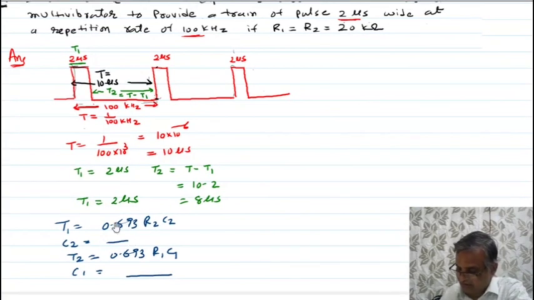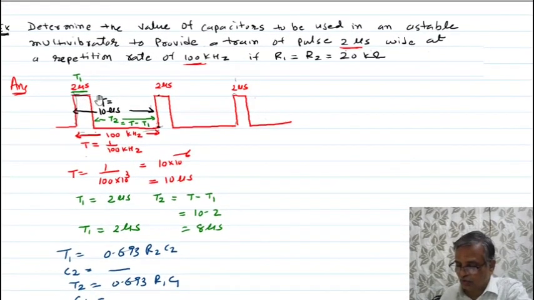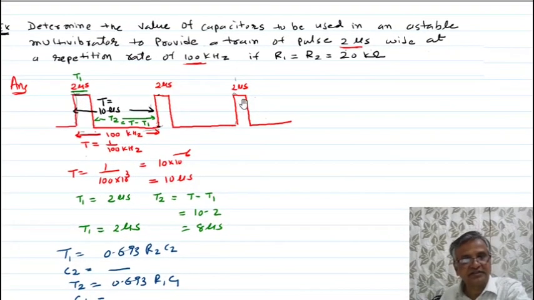By putting the value of T1 and the R1, R2 they have given, you can find the values of C1 and C2. By selecting such values of R1, R2 and C1, C2, you can get the 2 microsecond pulse at a repetition rate of 100 kilohertz.